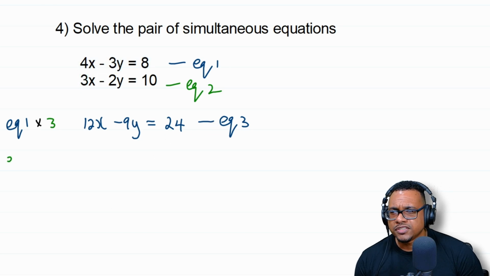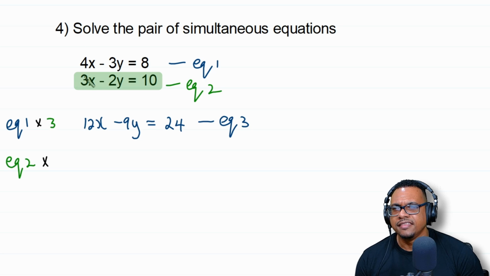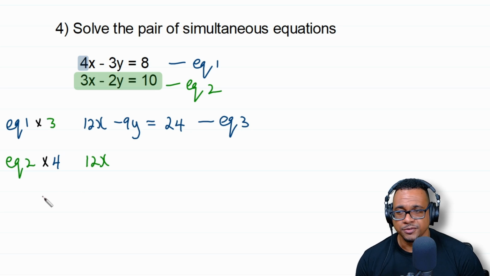Then I'm going to take equation 2 and multiply it by this 4, which is the number in front of x for equation 1. So I'm multiplying by 4. I multiply 3x by 4 and get 12x. Now notice something: we have 12x and 12x. They are the same, so we could get 0. Now let's continue.